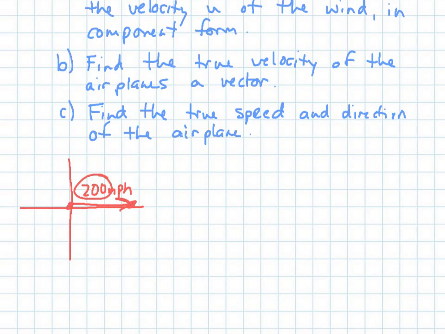If I'm going due east 200 miles per hour, I'm not changing my y value, but I am moving 200 to the right. So for my airplane, that would be 200, comma 0 in component form.